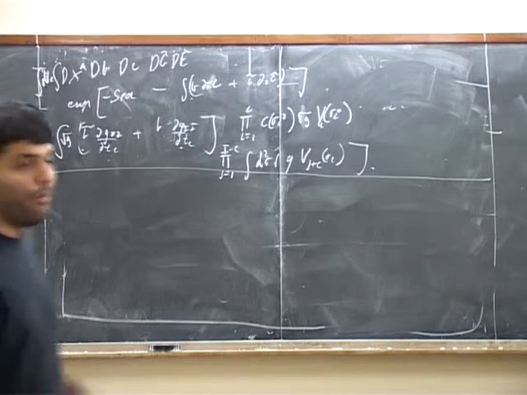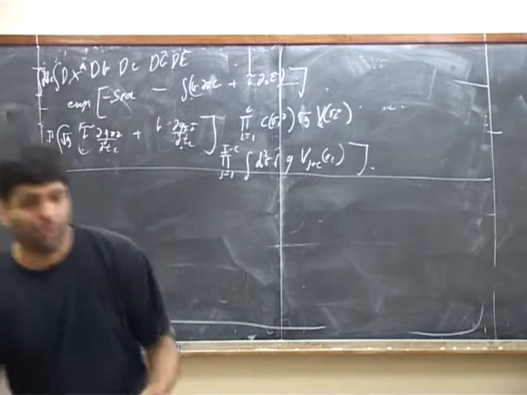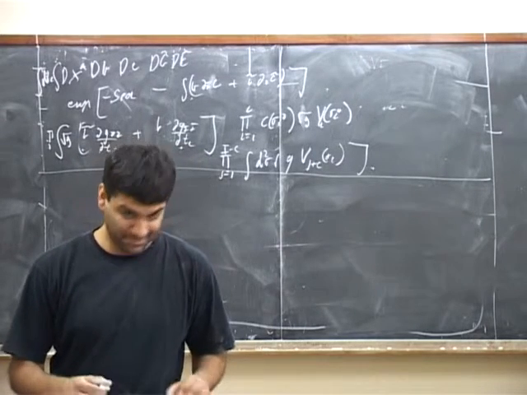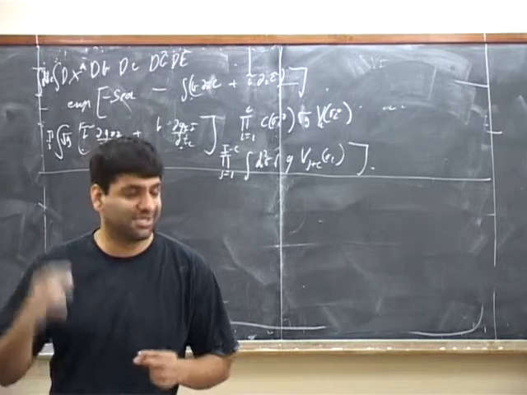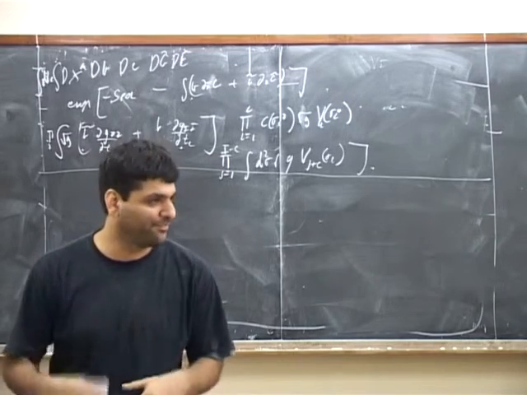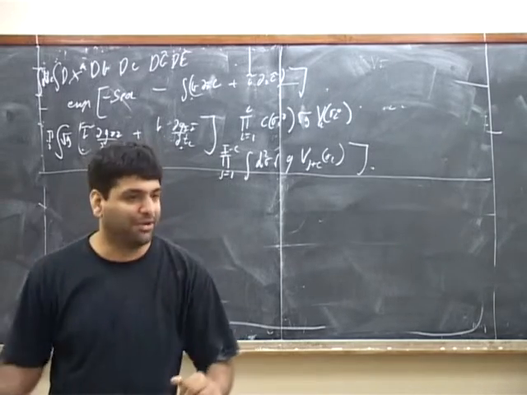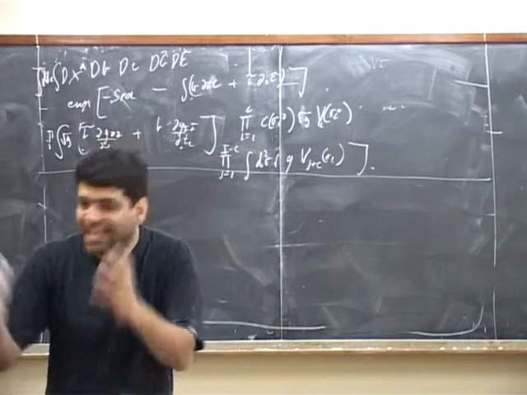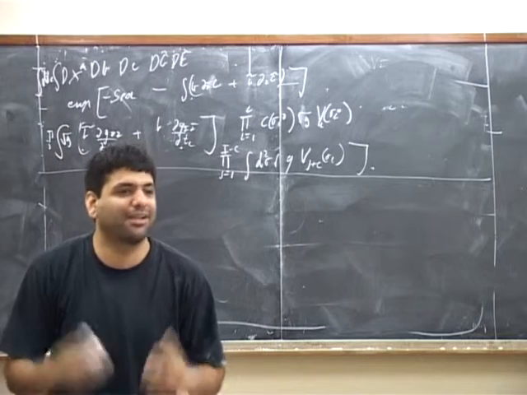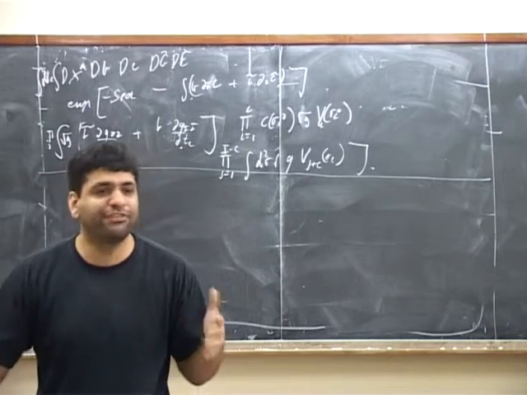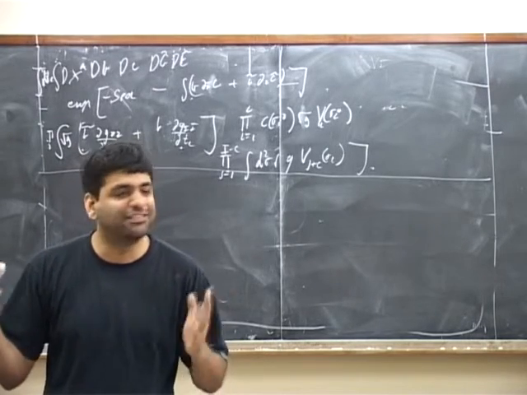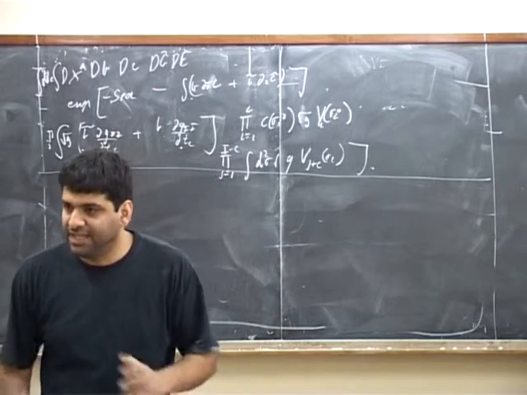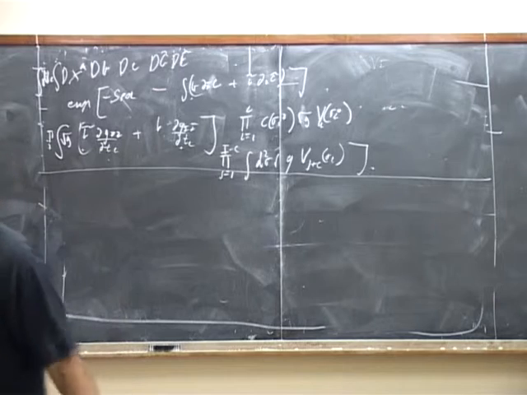Firstly, lower order properties, like it makes sense under coordinate redefinitions. We will also check that it's invariant under an interesting symmetry of this path integral called BRST symmetry. And we will check many things about it. We will also then, in many examples, calculate it, just to get a feel for how these things go. So the next 5 or 6 lectures will be devoted to studying this formula and various aspects of it.